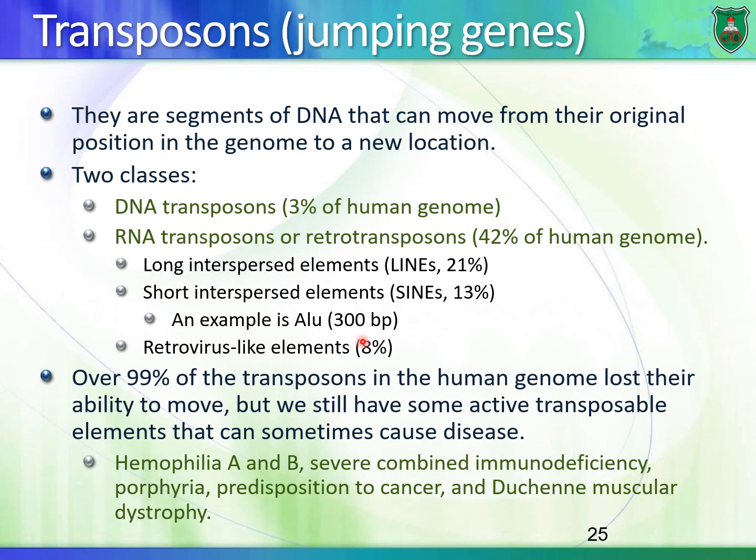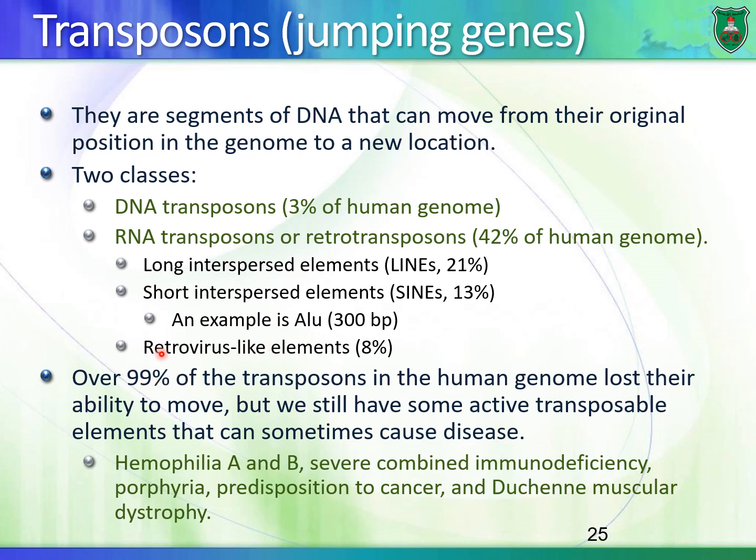And actually, when I was a student, I was working on a gene, and we were puzzled by having an extra RNA piece that has a size of 300 base pairs, and we didn't know exactly what it was. It turned out to be actually an ALU transposon that was part of the gene, and that was astonishing, and we published a paper on it.